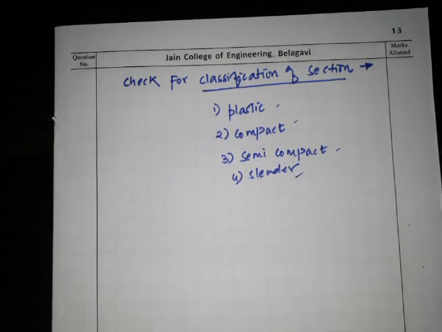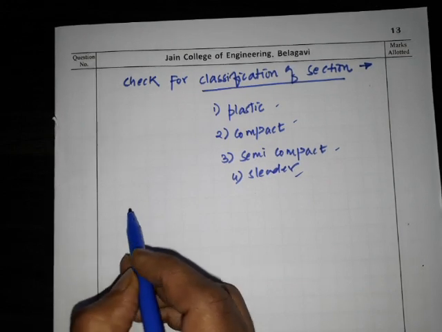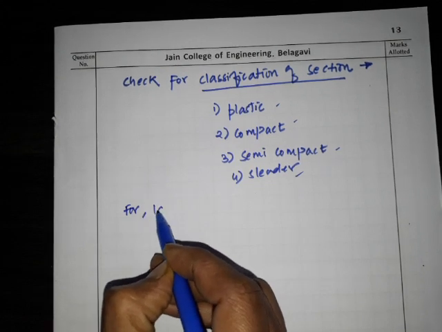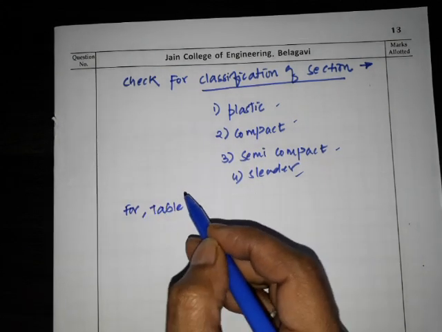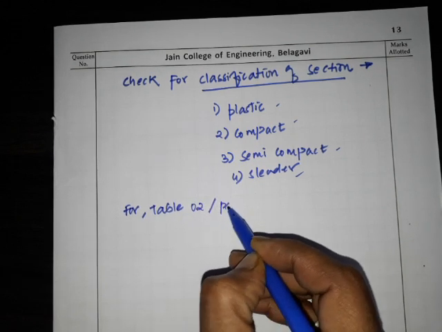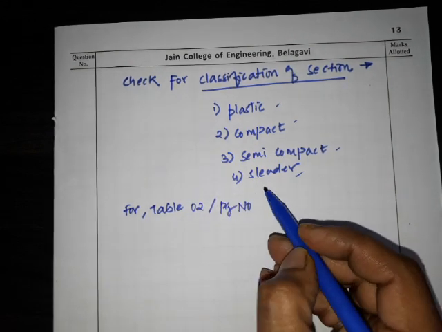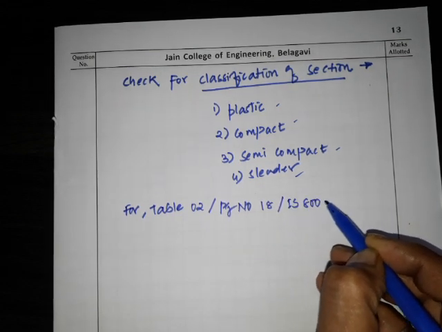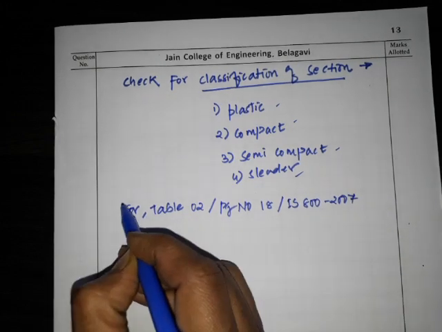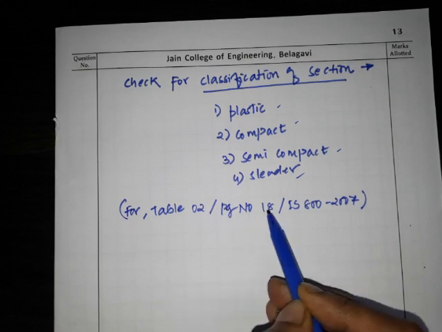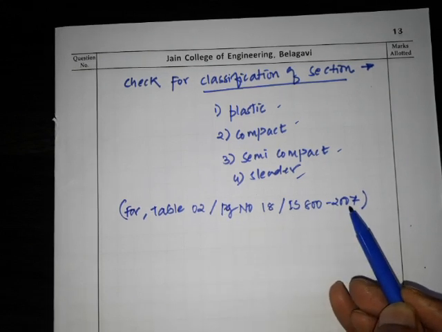For that you have to refer to Table 2, page number 18 of IS 800-2007. So this is very important. For that you have to refer to Table 2, page number 18 from IS 800-2007.